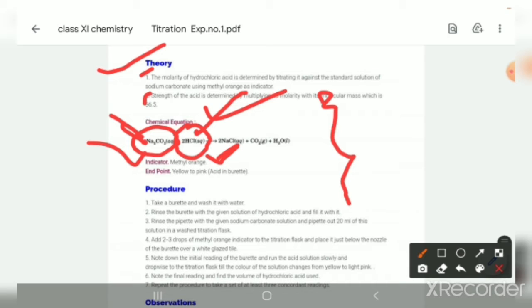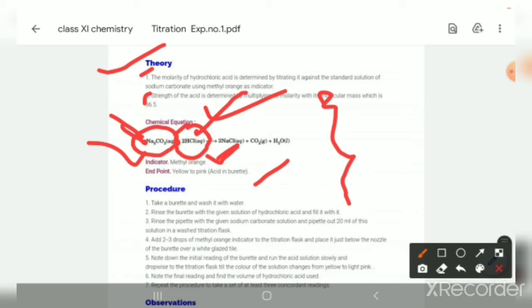After adding methyl orange to your Na2CO3 solution, the solution will be colorless, and when you add the HCl solution drop by drop from the burette to your small conical flask, after adding some amount of HCl, when the neutralization reaction is going on, you gradually get a pink colored solution.